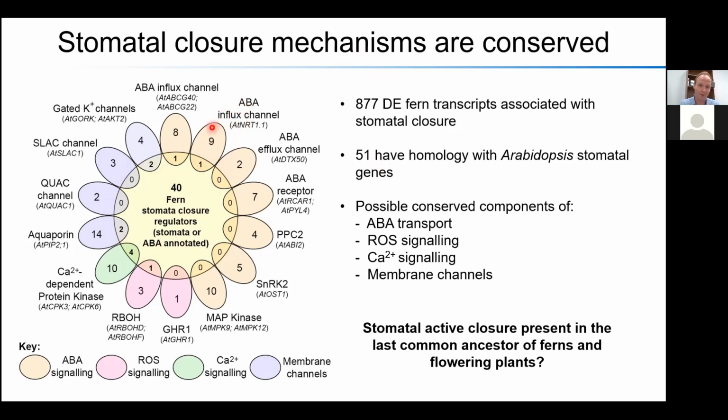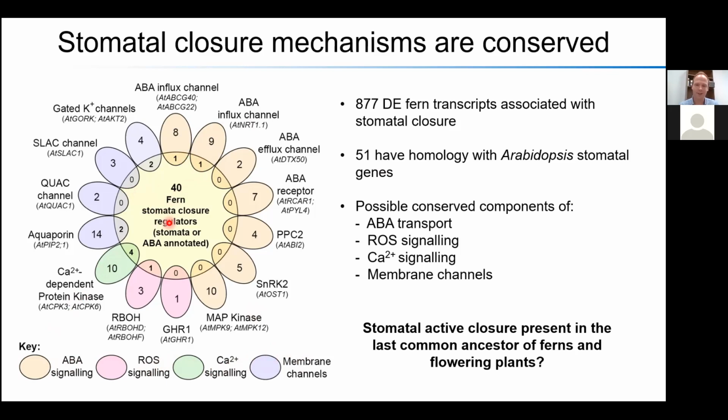So for example, this influx channel, we had 10 different genes in the Ceratopteris assembly. And you can see that one of them actually belonged to that stomatal regulatory candidate list, which is great. And of our 4 different signaling parts, so ABA, ROS, calcium, and the membrane channels, we found at least a couple of representatives of each within those identified closure candidates.